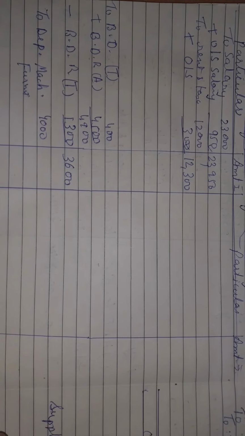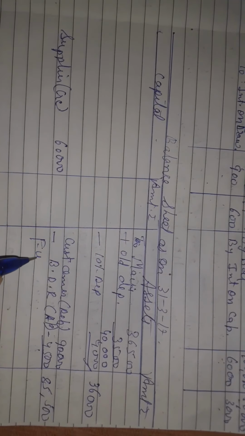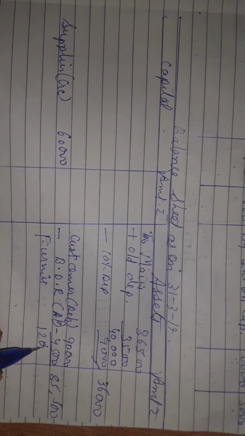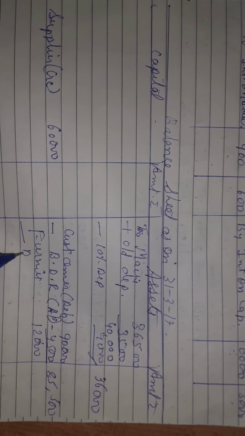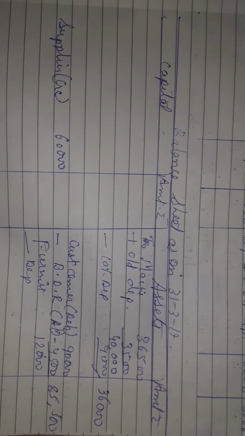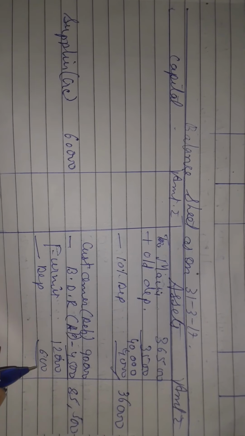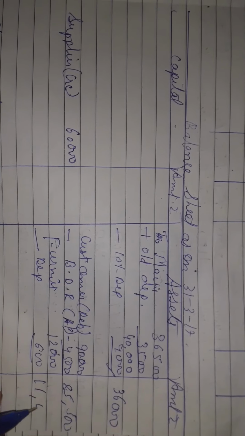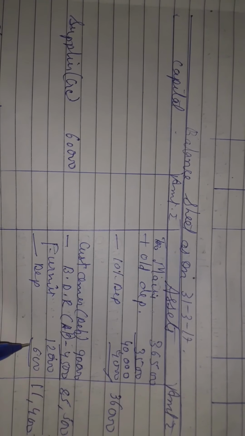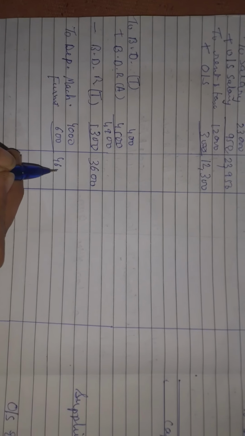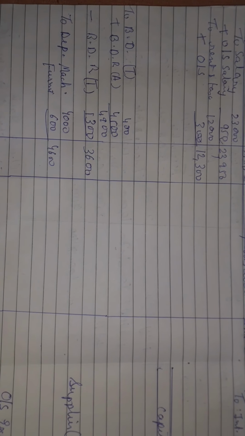So now furniture is given in the question. See the asset side you are going to write furniture. That is 12,000. And depreciation is 5%. So 5% of 12,000 is 600, which you are going to deduct and write outer. And now second effect of this depreciation you have to give in the P&L account. Clear? So depreciation also we have written.